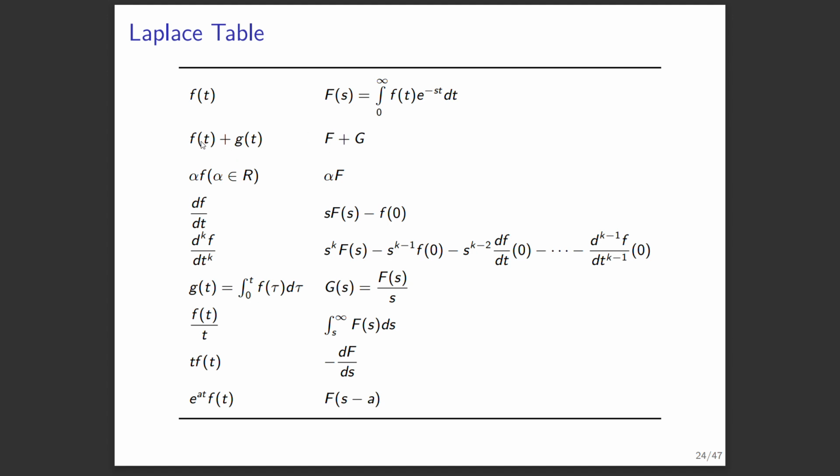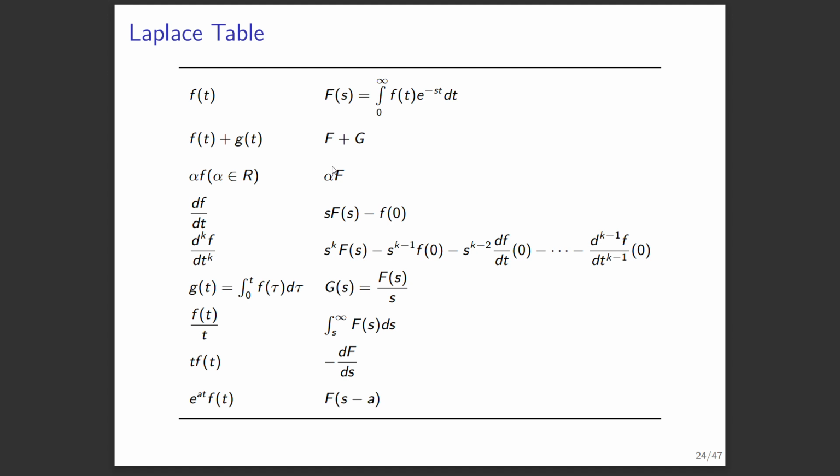So if you add two functions, you're going to get a more complicated function that might be more difficult to take the Laplace transformation of. But you can take the Laplace transformation individually and then just add them up.